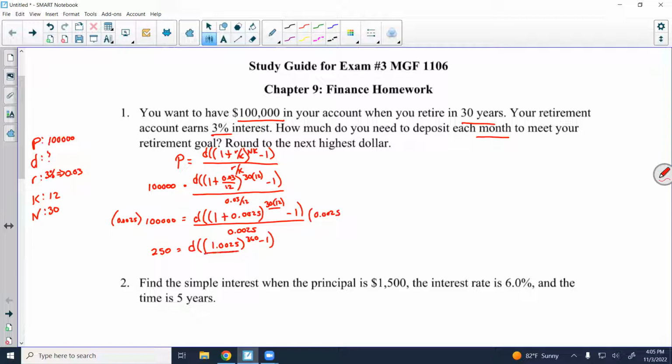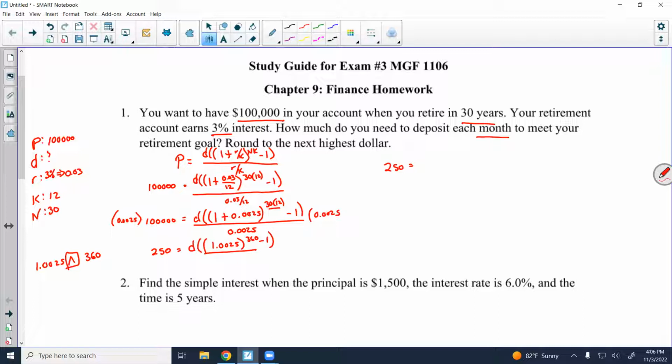So now I need to calculate what this is. So 250 equals D times (1.0025 to the 360th power minus 1). 1.0025 to the 360th power.